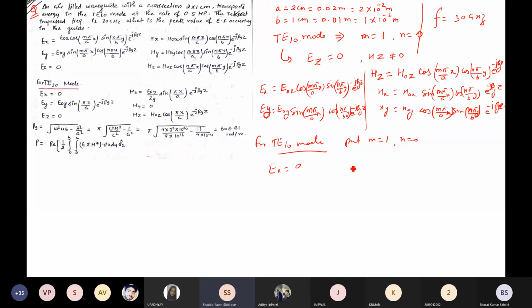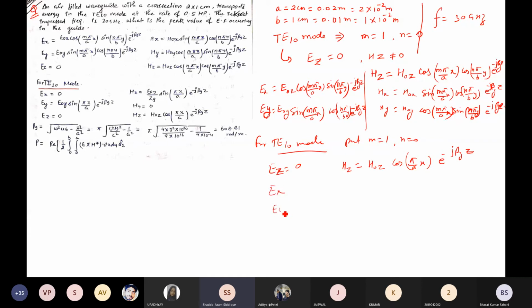Now this component Hz will be as it is. So Hz can be written as H naught z cos m pi by a, m is 1, so this will be pi by a into x, and cos n is 0, so cos 0 is 1. So it can be written with e to the power minus j beta g into z. Now Ez was already 0, so you write Ez as it is, 0.